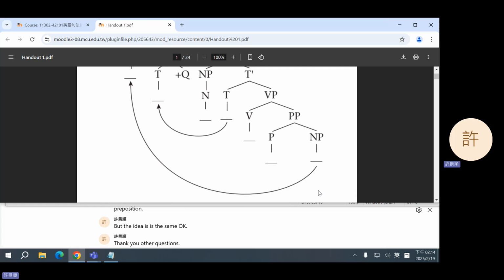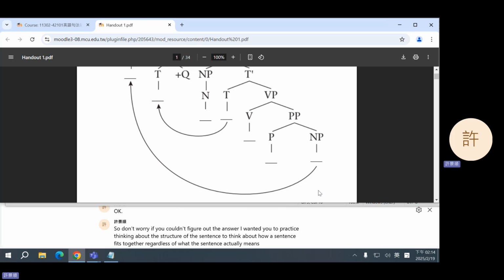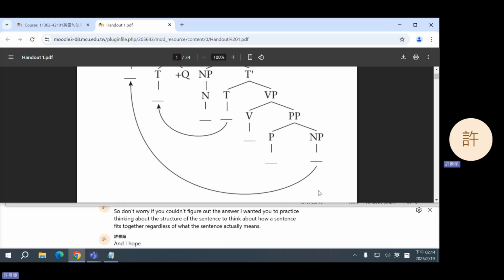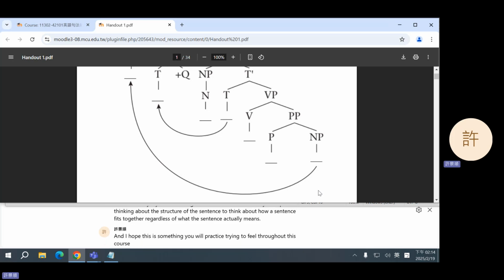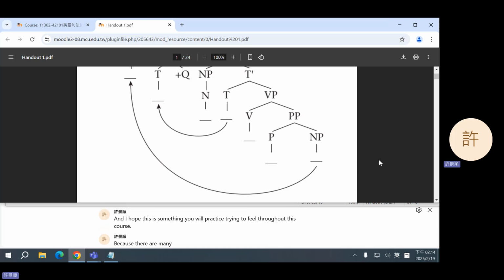Okay, so don't worry if you couldn't figure out the answer. I wanted you to practice thinking about the structure of the sentence, to think about how a sentence fits together, regardless of what the sentence actually means. And I hope this is something you will practice trying to feel throughout this course, because there are many similarities between English and Chinese grammar, but not everything is the same.